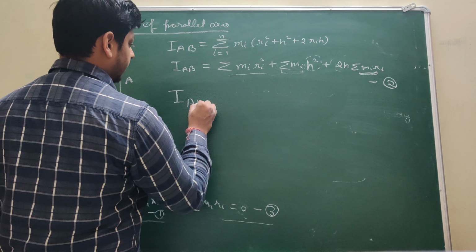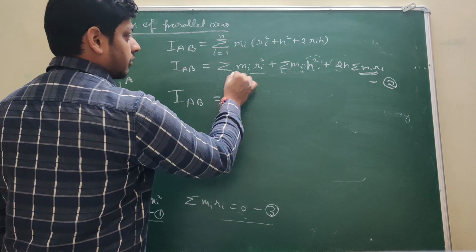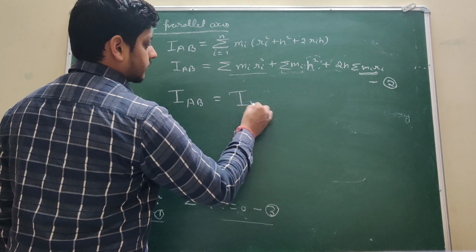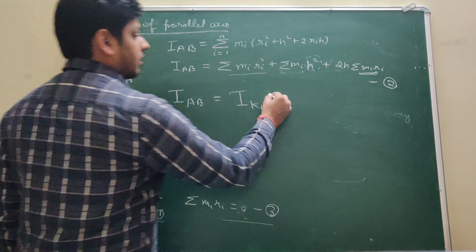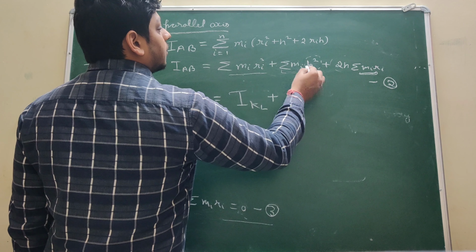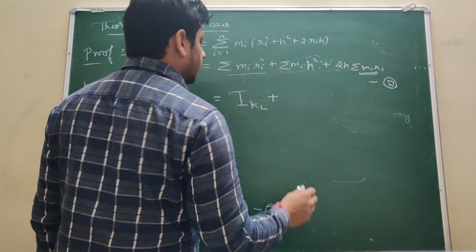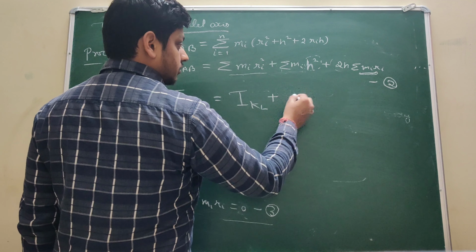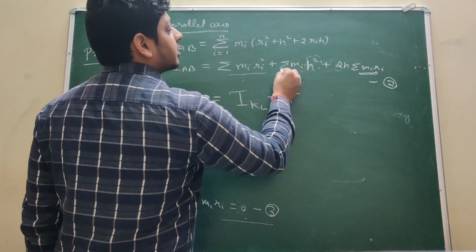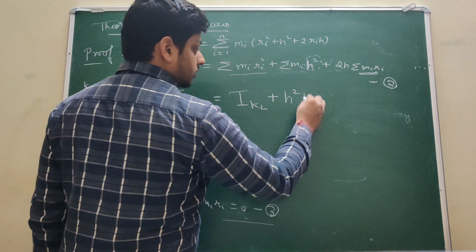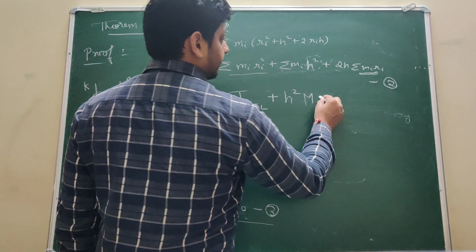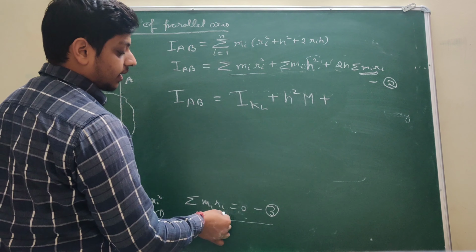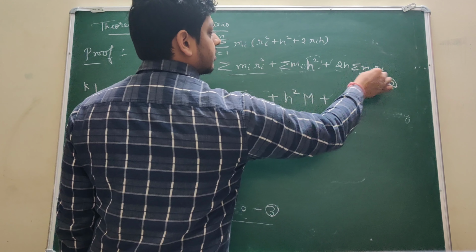We get IAB is equal to the summation of mi ri square, which is IKL from equation first, plus h square, which is constant, so we can take h square out of the summation, and the summation of mi is the total mass of the body, so I can write it as capital M, plus, from equation third, the summation of mi ri is 0, so this whole term is 0.